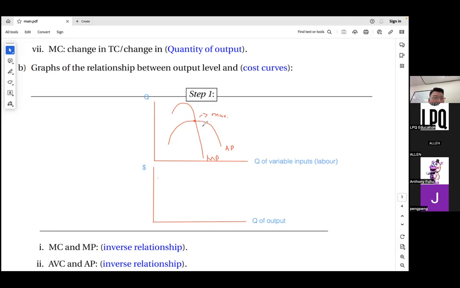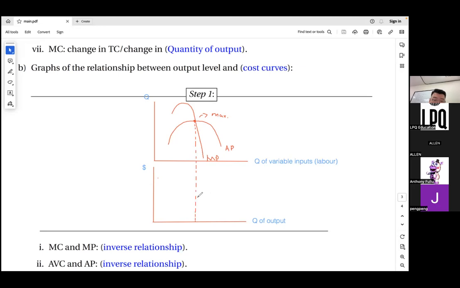You just need to remember that we make our MP intersect with AP through the maximum point, the peak of AP. Then you draw a dotted line and extend it all the way down to the lower half of the graph. And now we can graph two cost curves.